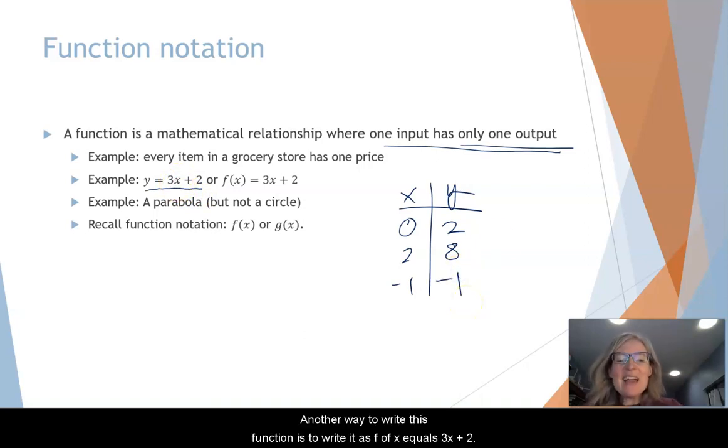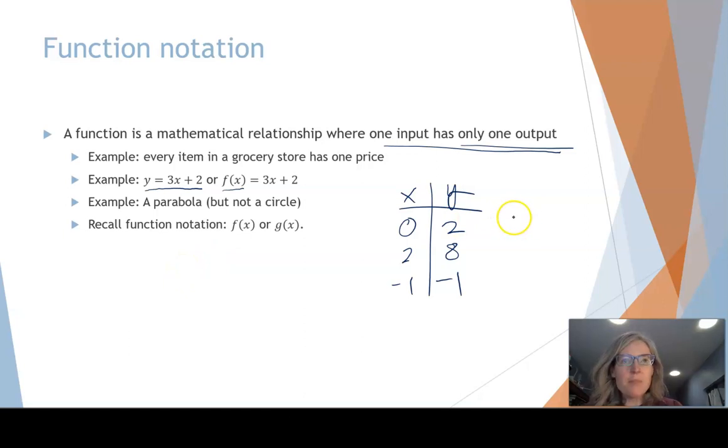All right, another way to write this function is to write it as f of x equals 3x plus 2. So one way to represent that is, instead of saying find y when x equals 0, I could simply write f of 0 equals 2. So this is our input and this is our output.